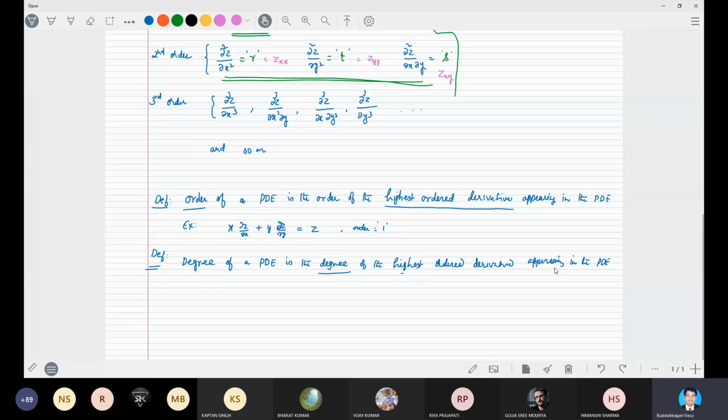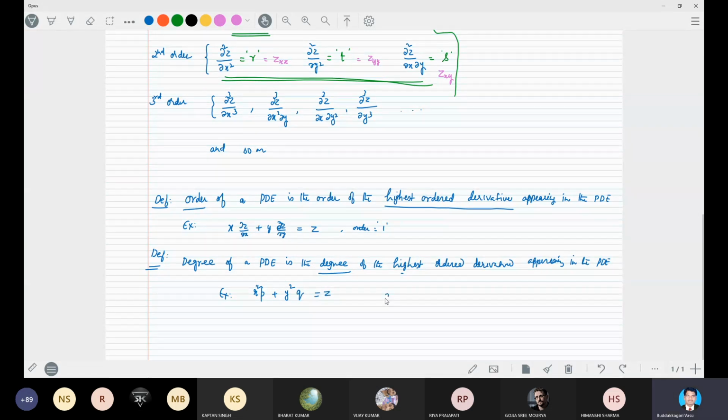Here is an example I would like to give you: x square into p plus y square into q is equal to z.